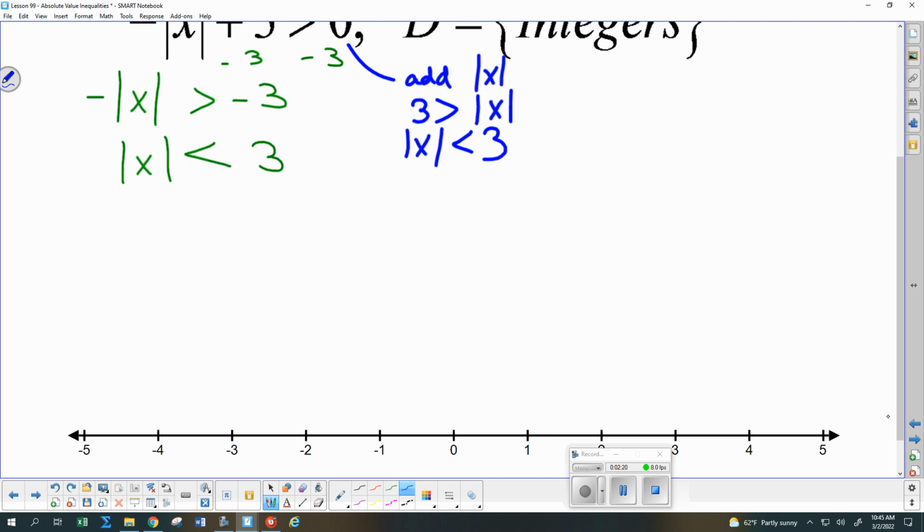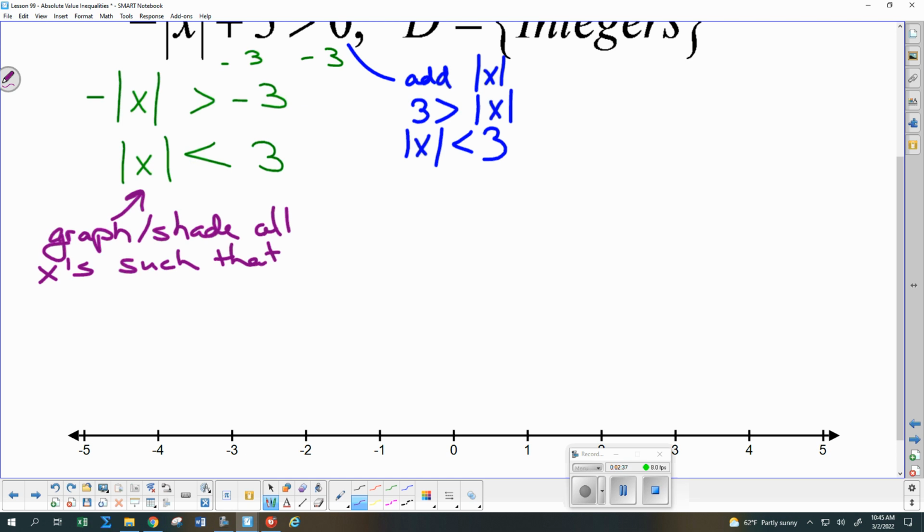So if we think about that, that is saying right here that we want to graph or shade all x's such that the distance from x to 0 is less than 3. So describe where on the number line I have numbers that are less than 3 away from 0.